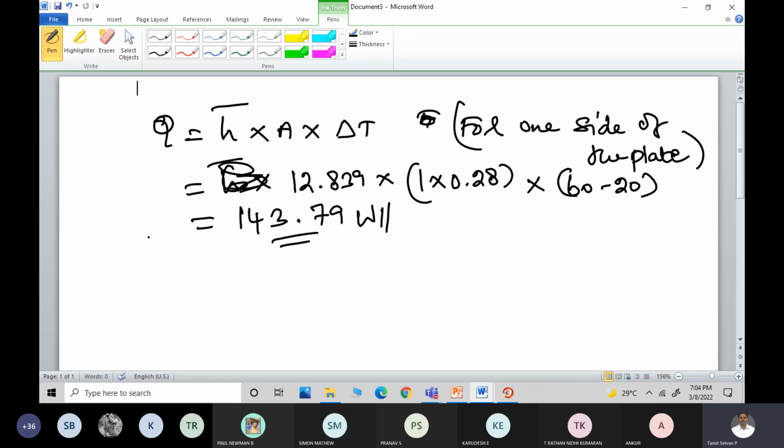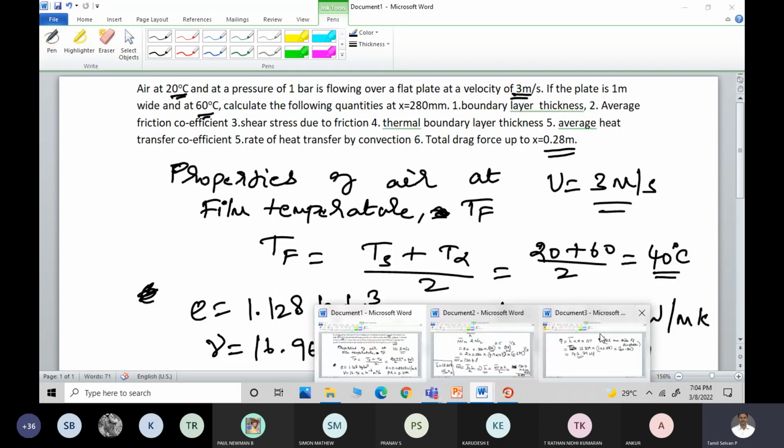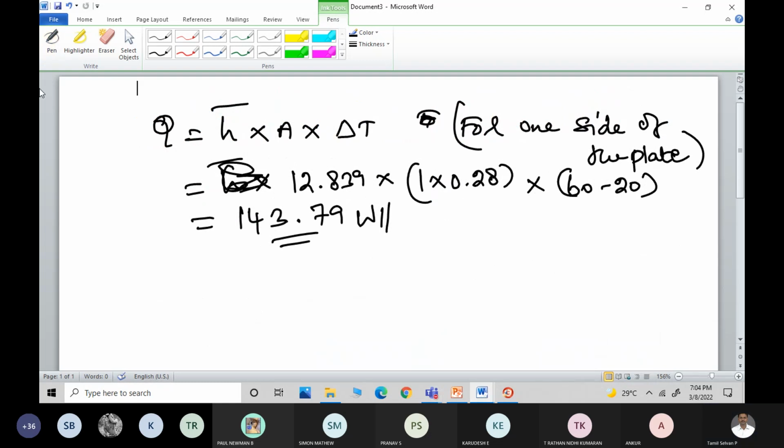This is the heat transferred, and finally, total drag force. I have given you the formula in the morning class. What is it?